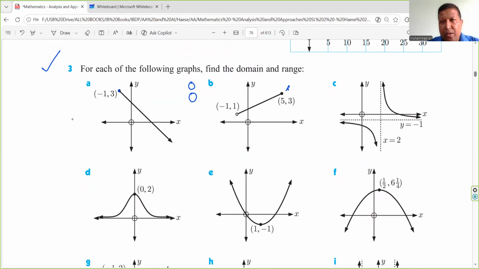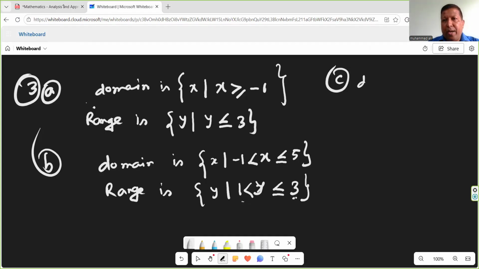Number C. Here we can take all x values, but x equals 2 is an asymptote, so we will not take x equals 2. So for C, the domain is x such that x is not equal to 2.